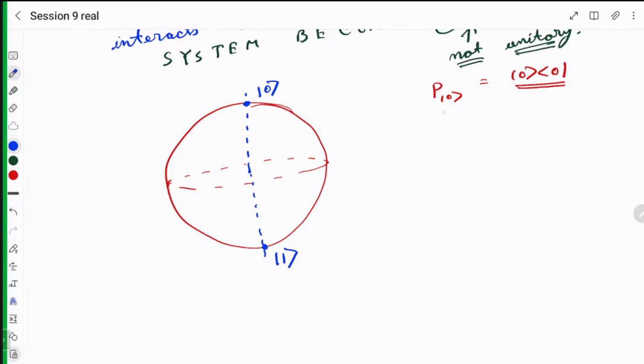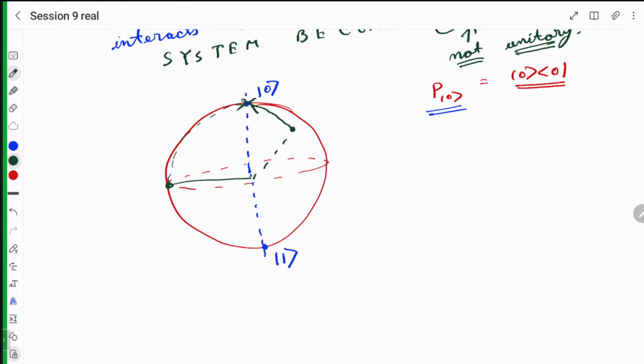So what does this P0 do? Let's say I have some initial state here. It will ultimately take it to ket0. Now if I have something here, even then it will take it to ket0.